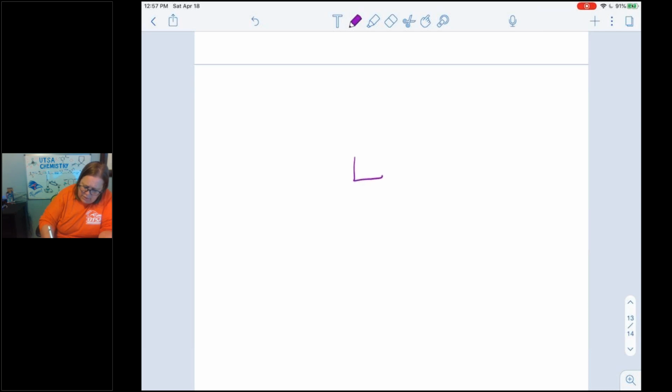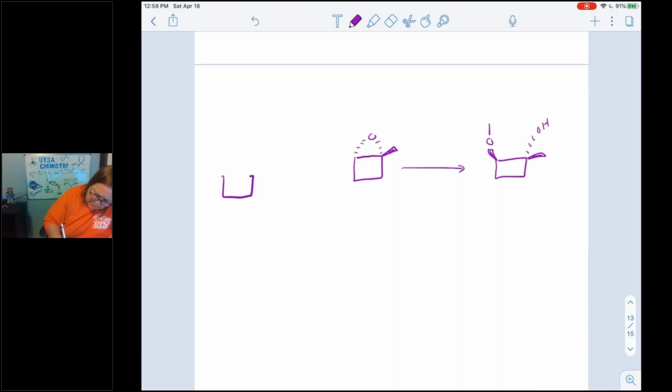Say I have you guys starting with this epoxide here. And I want you to make this. It's ugly. Okay. I want you to take the same epoxide and I want you to make this.